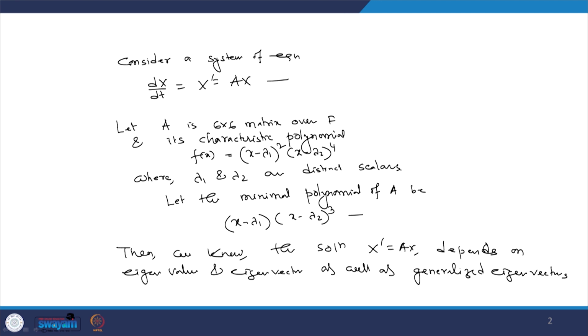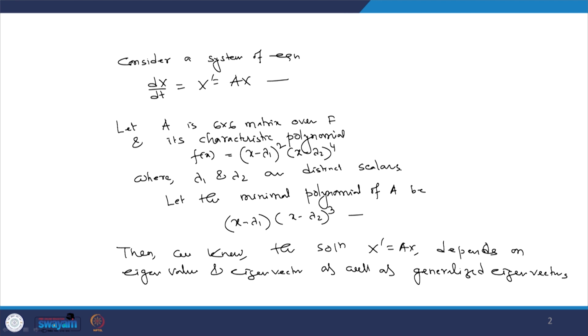So the dimension of the null space will be 2, so that I will have 2 linearly independent eigenvectors associated to lambda equal to lambda 1. So, in that case one can find 2 linearly independent solutions of the system x dash equal to Ax associated to eigenvalue lambda equal to lambda 1.